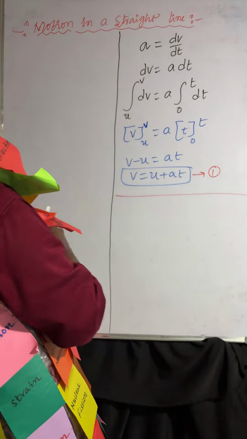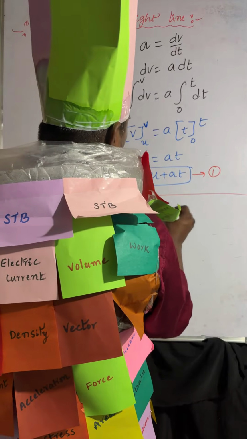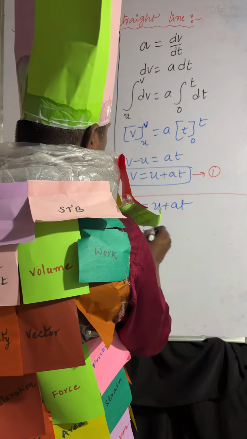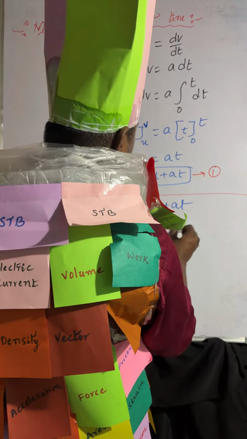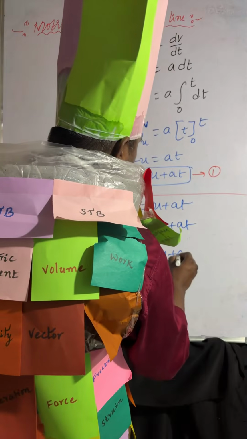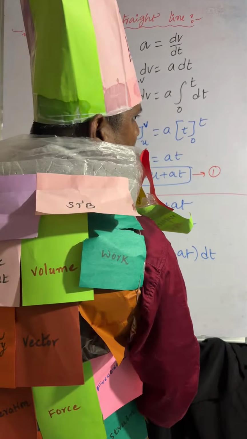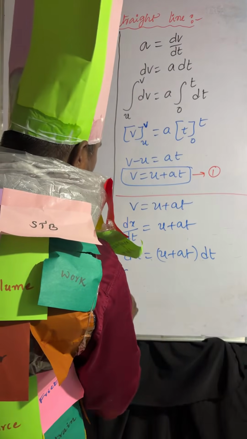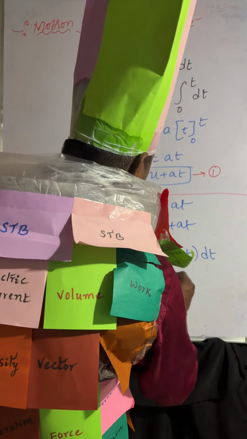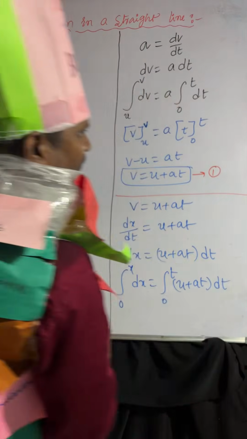And coming to the next one. Same equation, v equals u plus at. Then I'm writing dx by dt equals u plus at. Then dx equals (u plus at) into dt. Now you can take integration on both sides. So integral 0 to x dx equals integral 0 to t (u plus at) dt.